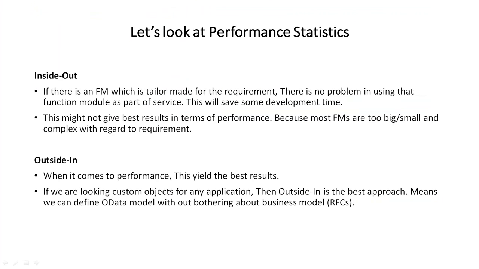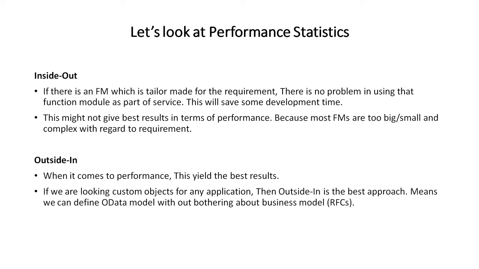So what generally is advised is, if there is a function module which fits your needs, then go for it. You don't need to write all this coding extra. But if the function module just covers 50% of your needs, then you should not use that function module and should go for optimized code for your OData request.